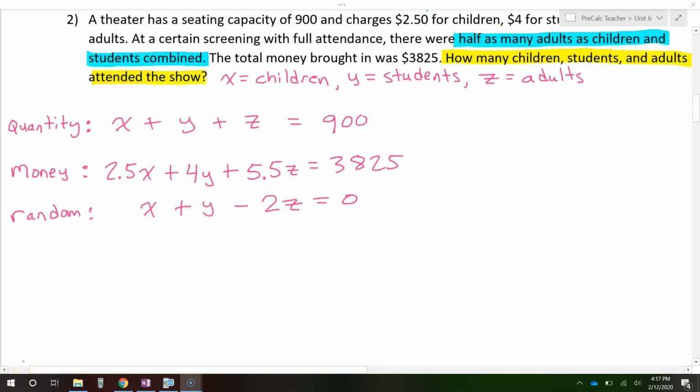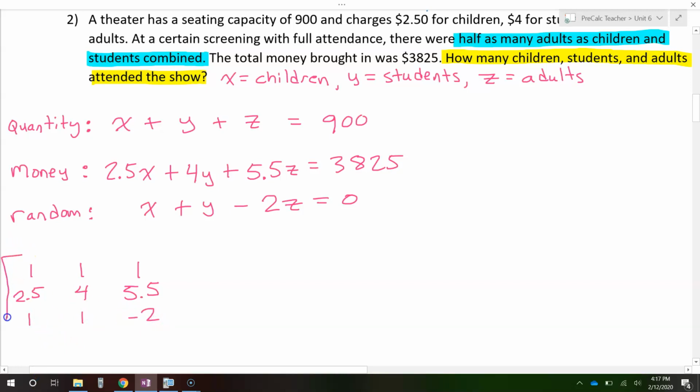So now it's time to write the matrix equation. I will take the coefficients and I will write 1, 1, 1. And then the next equation brings me 2.5, 4, and 5.5. And then the third equation will be 1, 1, and negative 2.